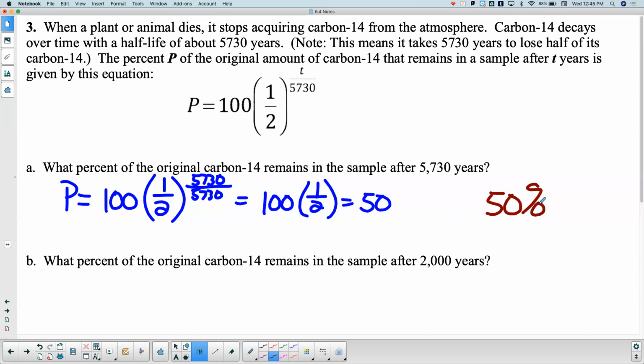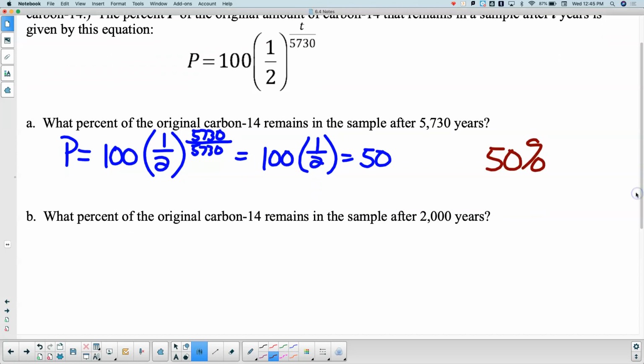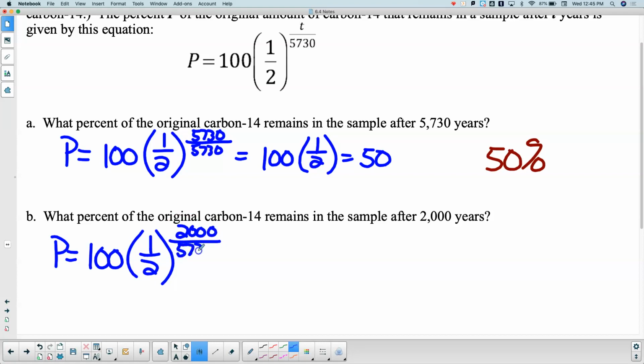Okay? Now, the problem with that is for this next one, for part B, we have to write it out because it doesn't work out so nice and pretty. So P here is going to equal 100 times 1/2 to the 2,000 over 5,730 power.